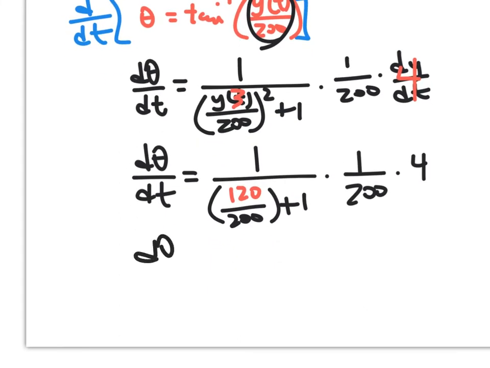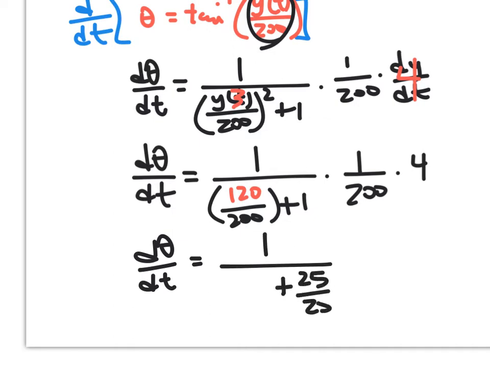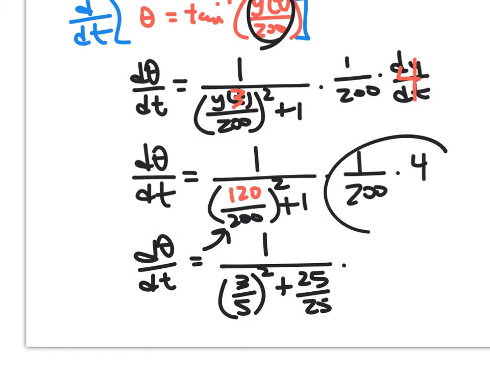Okay, we can do some reducing. So d theta/dt would equal 1 over this, I'm going to put this as 25 over 25. Okay, this would actually reduce here. Oops, we can't forget to square that. This would reduce to 3/5. So 3/5 squared times, and we're going to reduce this to 1 over 50.